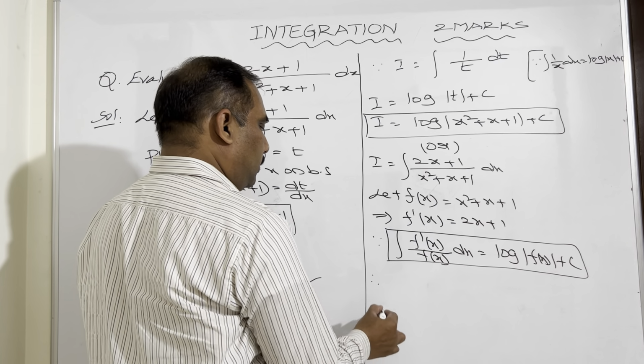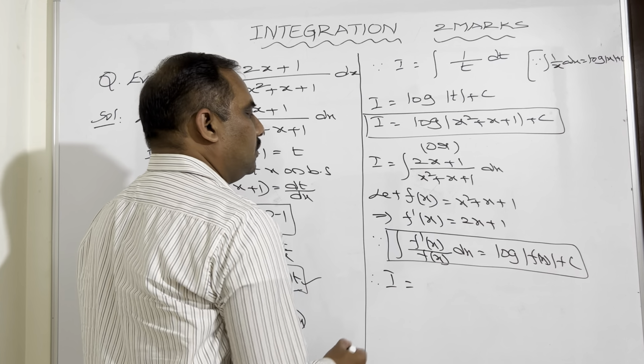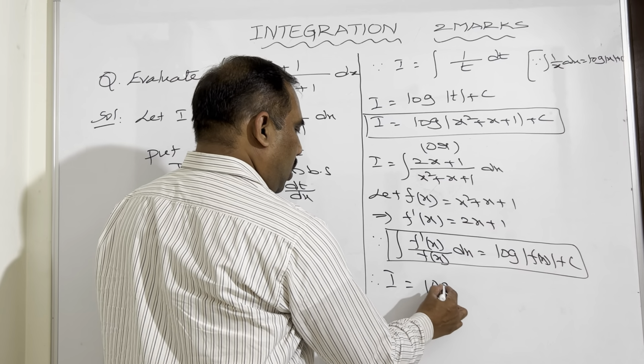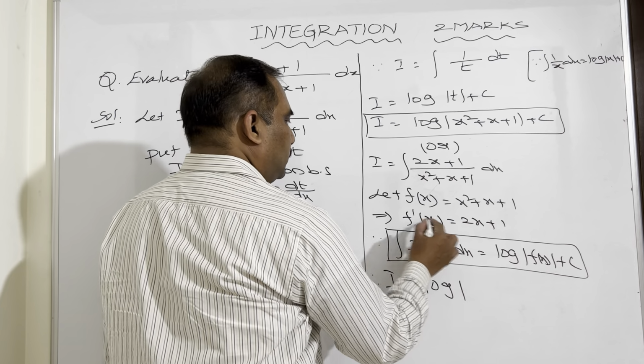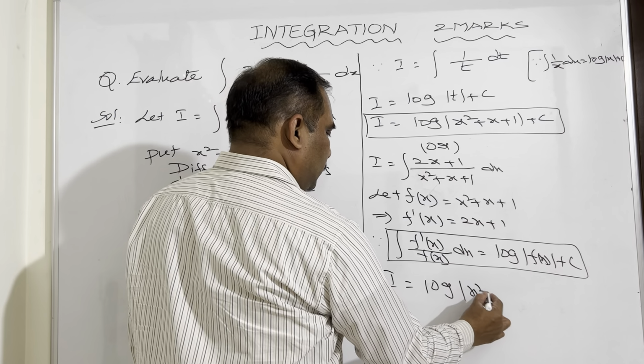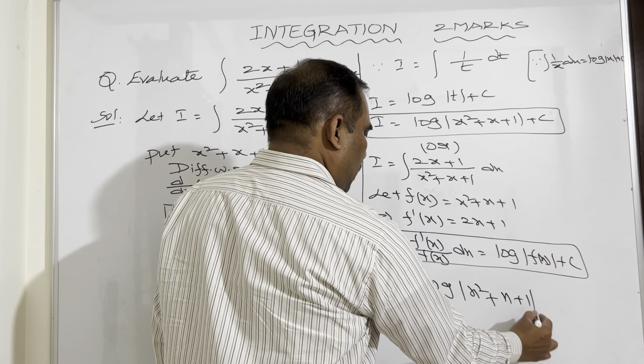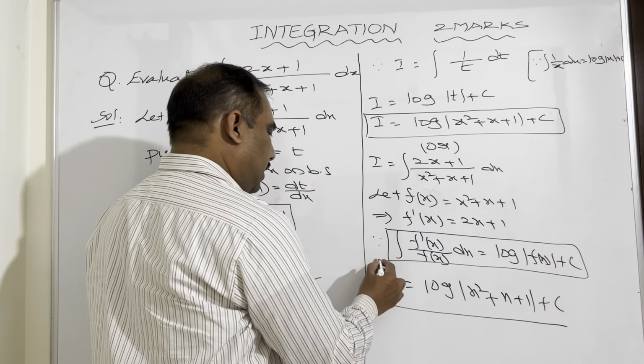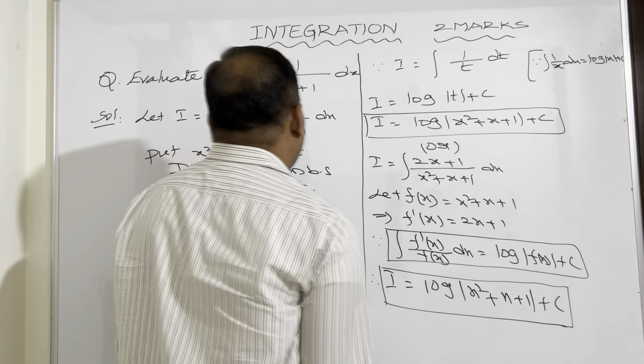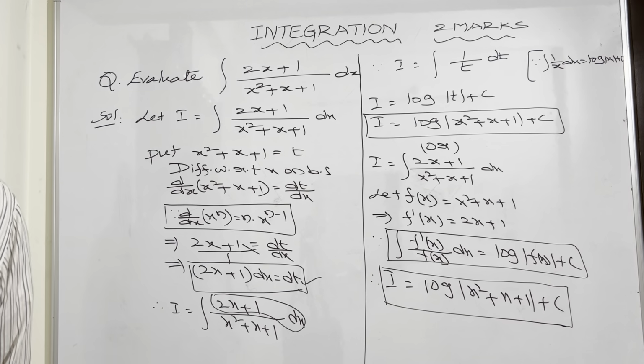Therefore, using this formula, I = log|f(x)| + c, that is, log|x² + x + 1| + c. Like this also we can find the given integral.